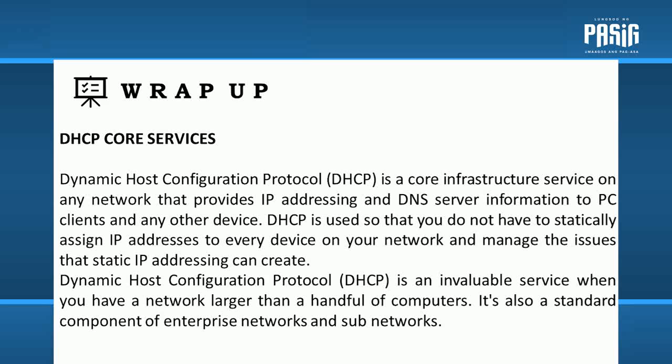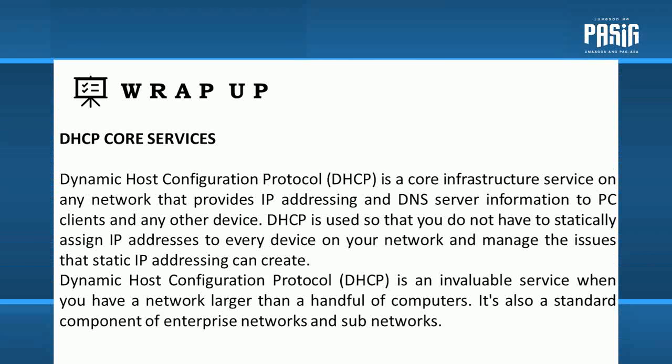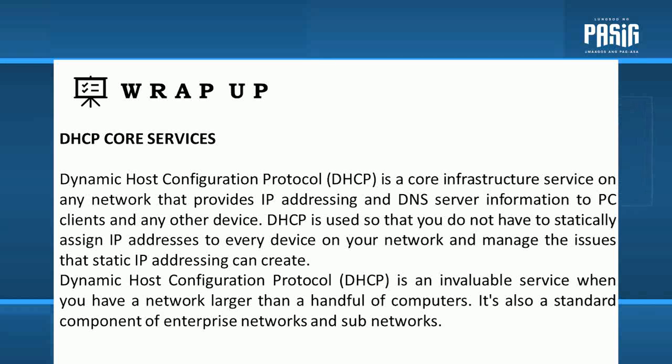DHCP is used so that you do not have to statically assign IP addresses to every device on your network and manage the issues that static IP addressing can create. It is an invaluable service when you have a network larger than a handful of computers. It's also a standard component of enterprise networks and sub-networks.